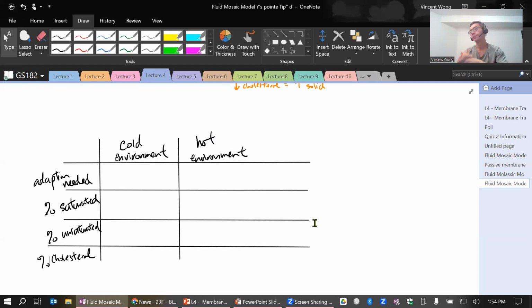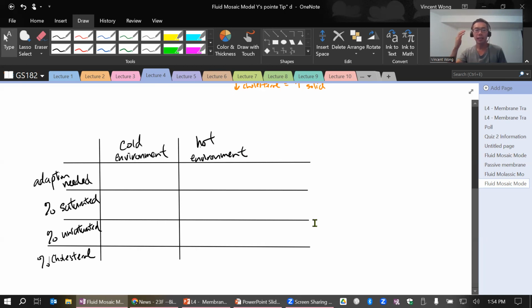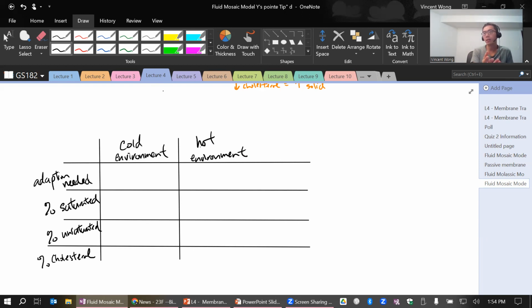All right. If the environment is really cold, do you expect the cell membrane to be more solid or more liquid? Think about leaving butter in the fridge. Is it going to become more solid or more liquid? Solid. Right, more solid. I hope the rest of you agree.